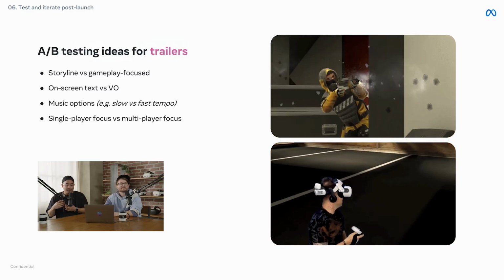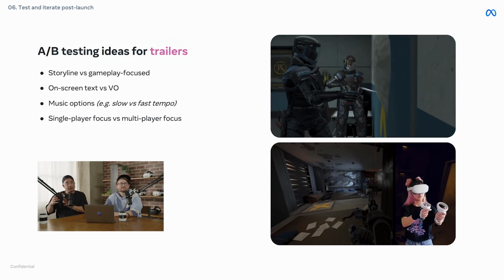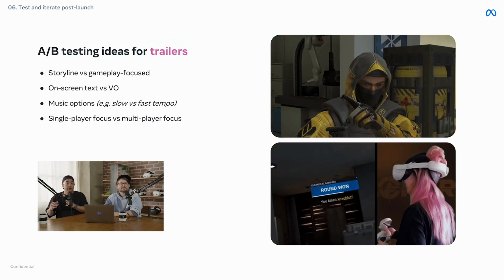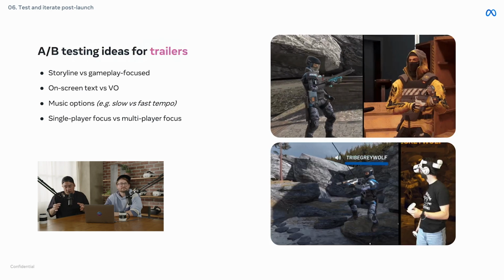You can then let each run for a period of time and watch which intro keeps viewers longer. Now, building on top of that, you can take the winning video and then test on-screen text versus voiceover and see how that does. Basically, we are trying to make small focused changes, just like we did A/B testing key art, but now it's for video.